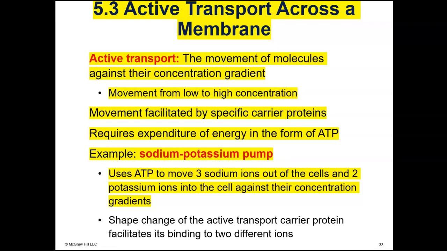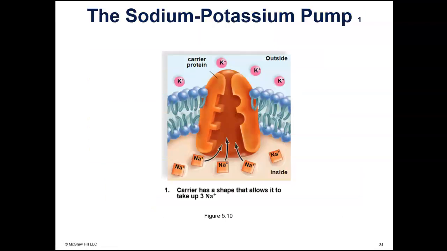ATP is used to move 3 sodium ions out of the cell and 2 potassium ions into the cell. Both of these are being moved against their concentration gradient.